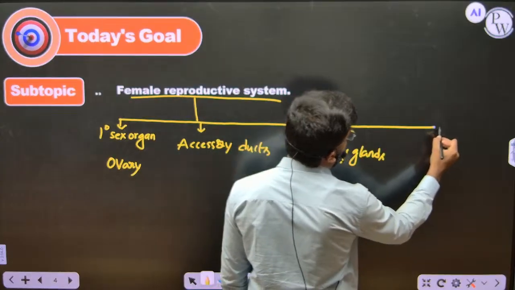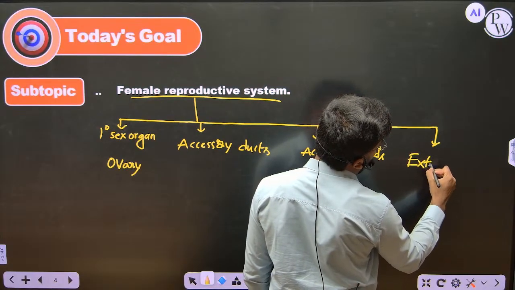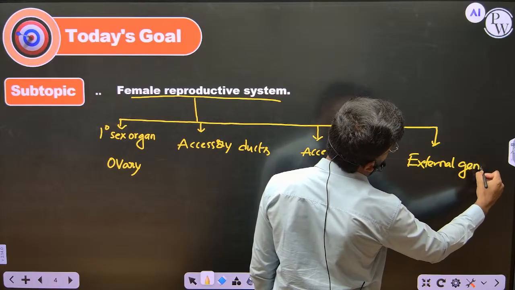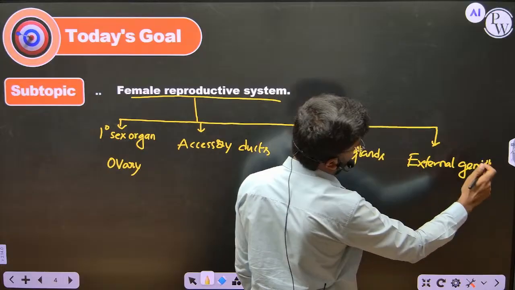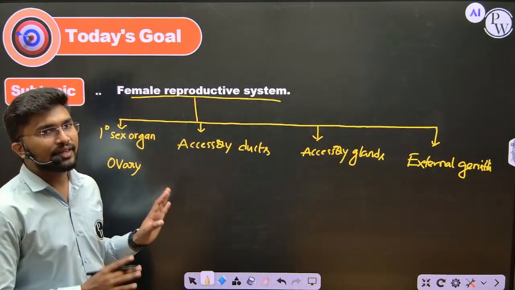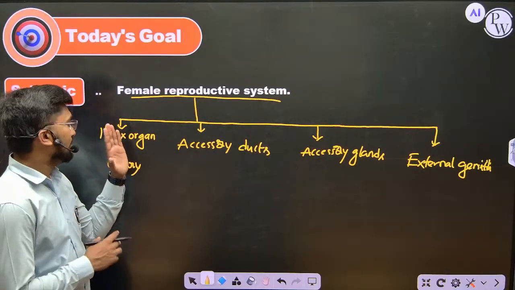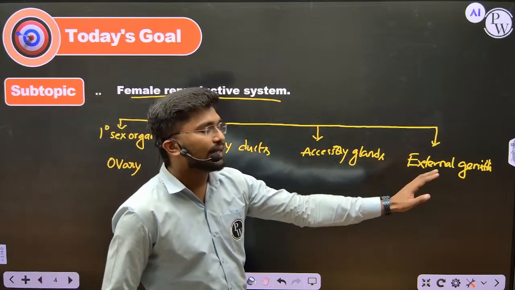And last, external genitalia. So these are the different parts of the female reproductive system. We can categorize them into primary sex organ, accessory ducts, accessory glands, and external genitalia.